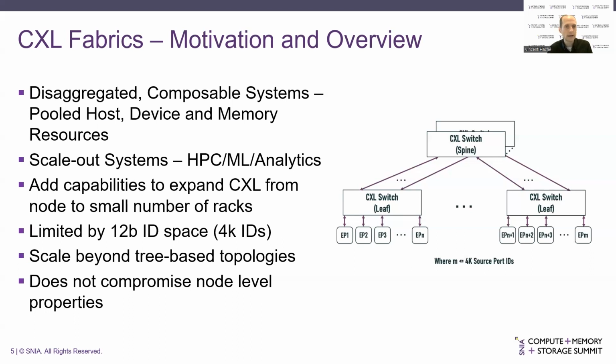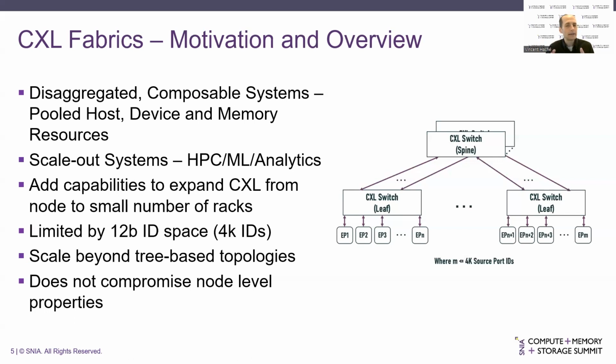We're never going to hit a scale like Ethernet because, frankly, we can't. With memory access, you don't want to incur the sort of latency impact that a scale at that size would result in. But certainly going beyond just a single rack. What's really driving this limitation is the trade-off between scale and performance impact for the additional addressing capabilities required to hit that scale. 12 bits was chosen as the size for an addressable ID.